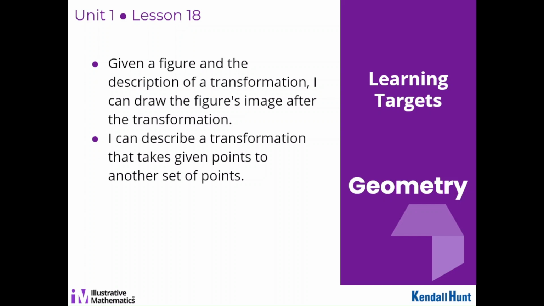So you know how to describe the translations, the rotations, and the reflections that took place to move from that original to its image. So if you are comfortable with those 2 things, then you are exactly where you should be and ready to move into the next lesson.